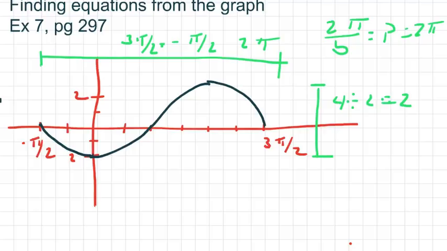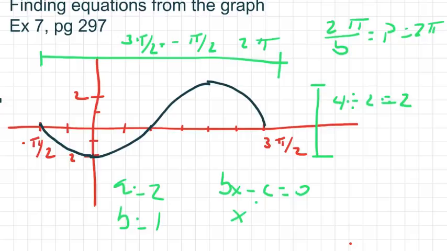So we find a is equal to 2, b is equal to 1, and what's left is to find the phase shift c. So we use our equation from our blue box on page 296 and solve bx minus c is equal to 0 to find c.